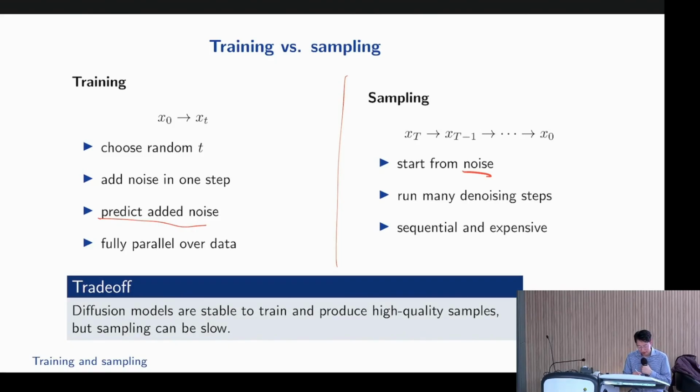And unlike GANs, diffusion models are very stable to train and produce very, very high quality samples. This is the backbone model for pretty much all the modern image generation tools out there. But like you already have experienced, sampling can be painfully slow because you need to do thousands of forward pass.